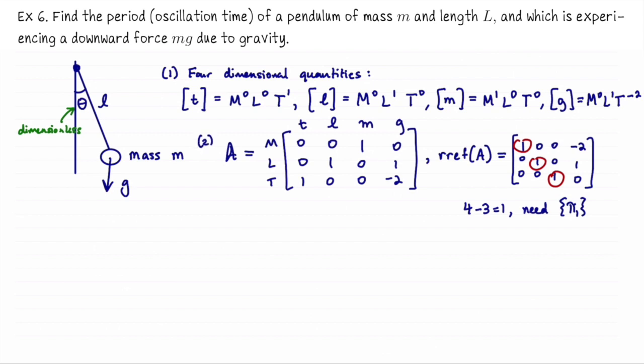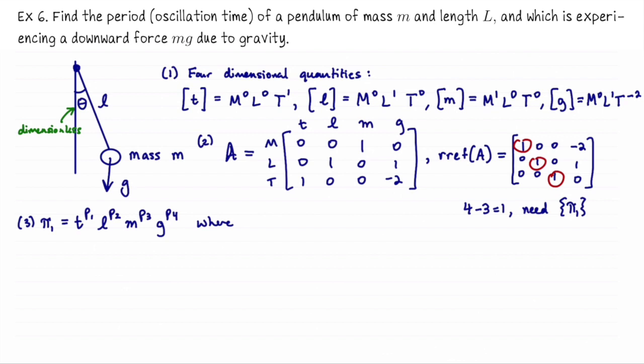Let's find step 3. The form of pi 1 is going to be the period time to the p1, the length to the p2, the mass to the p3, and gravity to the p4, where those exponents satisfy the equation. Here, I'll go ahead and write it out.